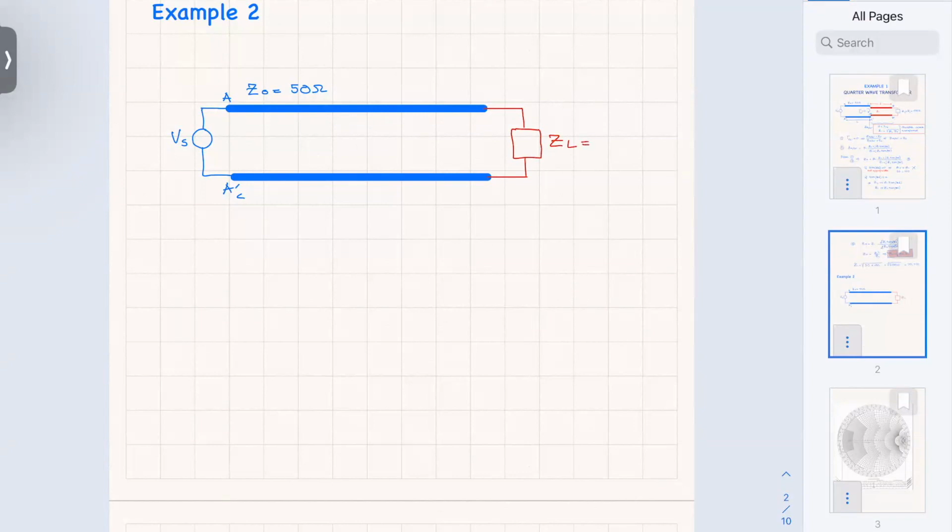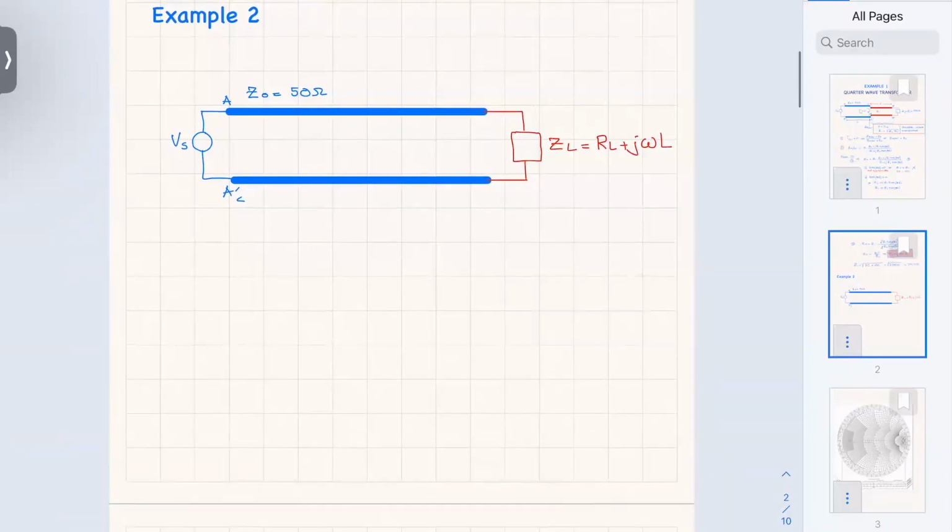And this load is RL plus j omega L. All right, so now the load has a resistor and an inductor. So practically, instead of that, I could have shown something like this. All right, in terms of instead of a load. This one is RL. This here is RL plus j omega L. All right, so I'm giving that.